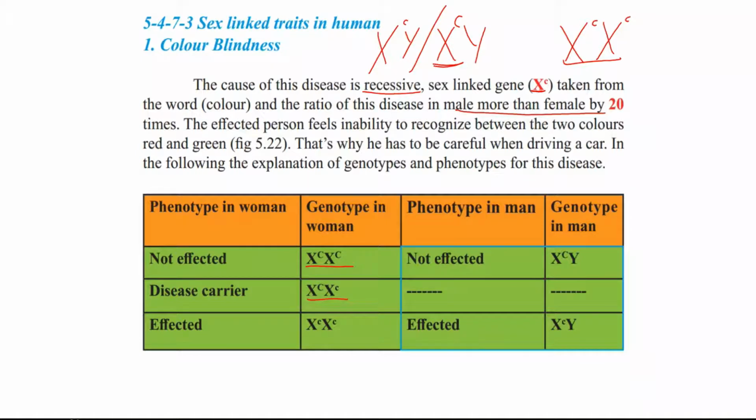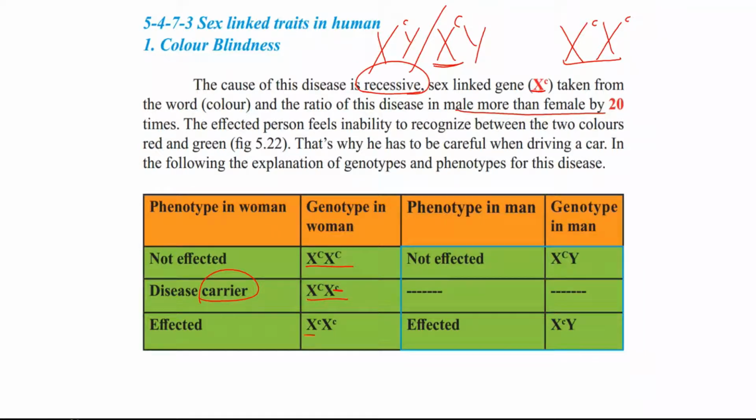The disease carrier means the organism carries the gene which causes the abnormality, but this gene cannot show its effect on this organism, but it can be transported to the next generation. Another thing we need to know, the carrier is only about recessive sex-linked genetics, not about the dominant. For dominance, there is no carrier.